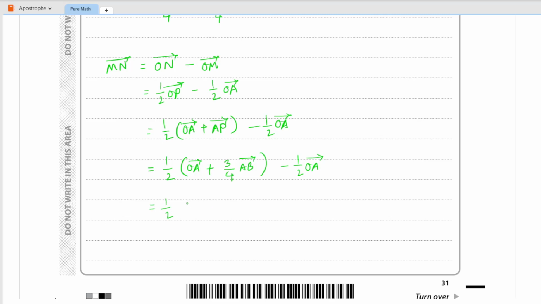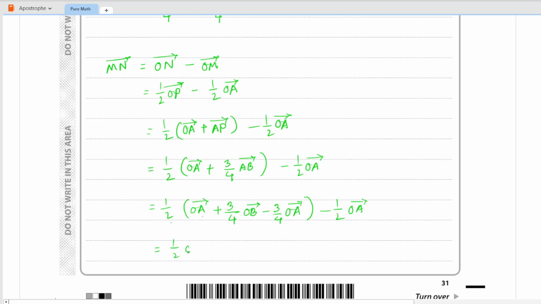Half OA plus 3/4 AB. So basically 3/4 OB minus 3/4 OA minus half OA. And if we multiply everything, we get half OA, or we can take half OA.